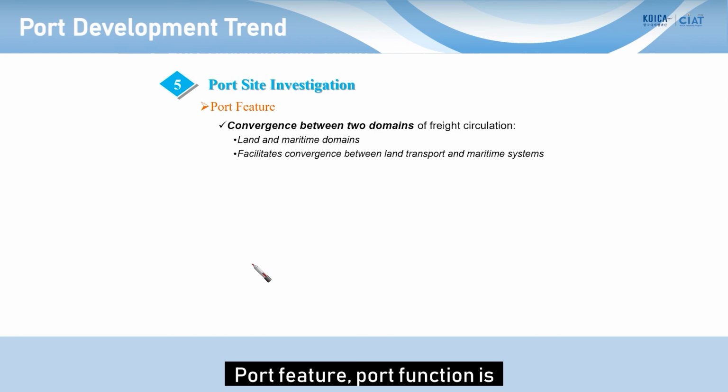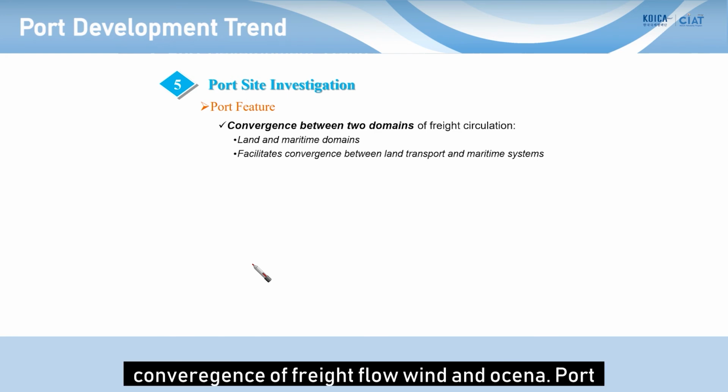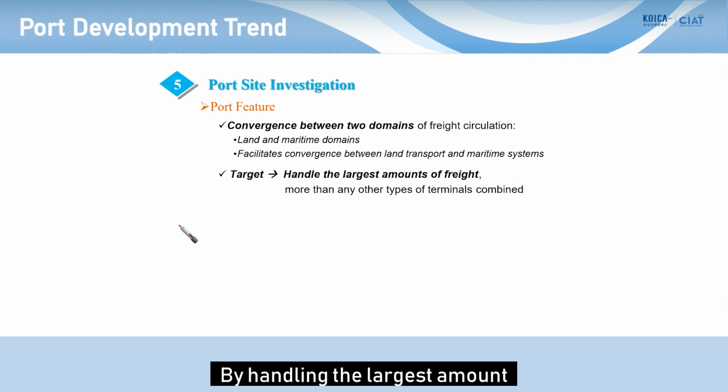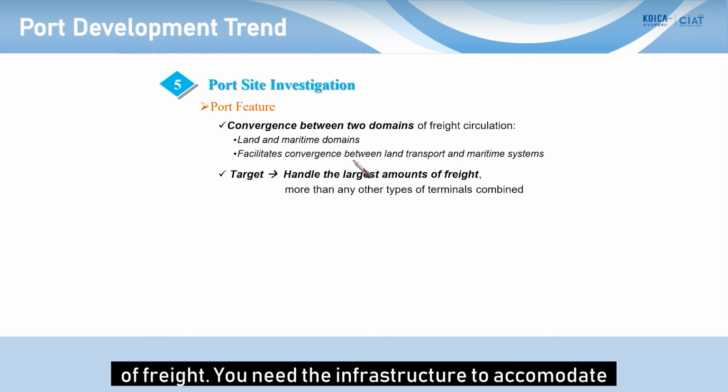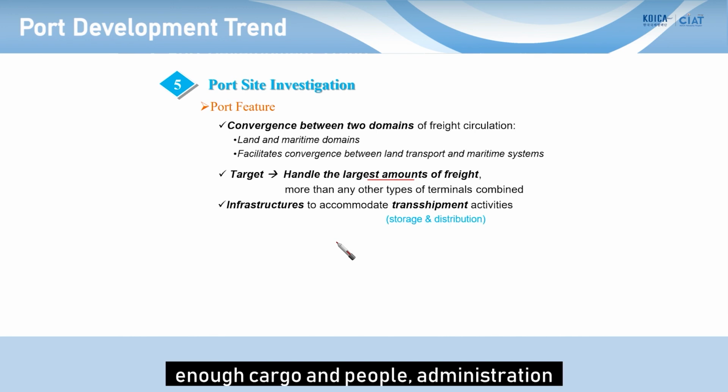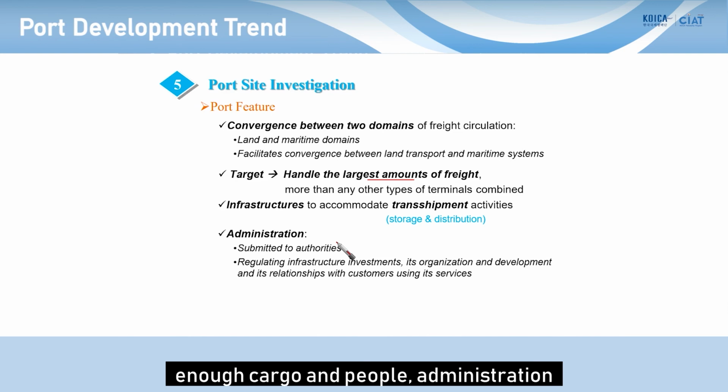A port feature: the port function is a convergence of freight flow between land and ocean. Port facilities are a convergence between land transport and maritime systems by handling the largest amount of freight. You need the infrastructure to accommodate those activities, for example, storage and distribution of cargo and people, and also administration abilities.